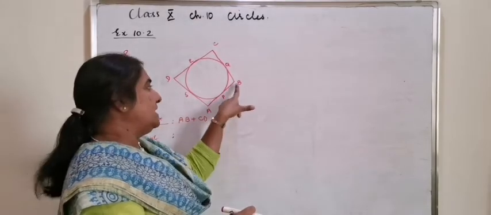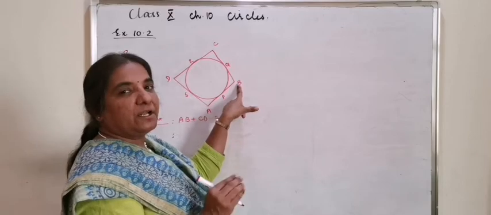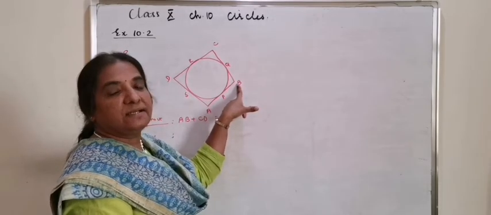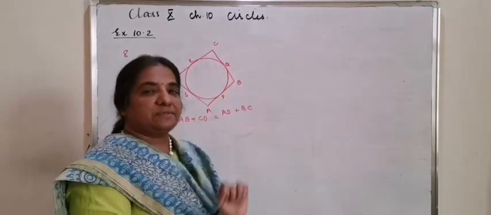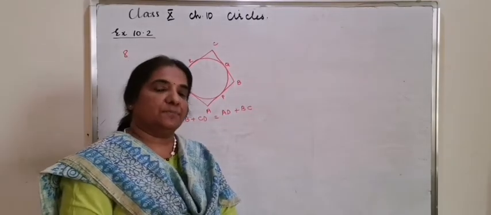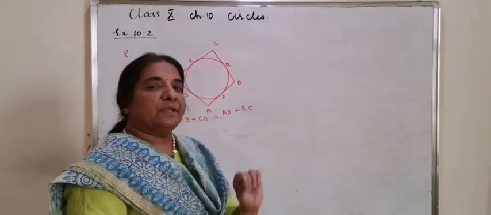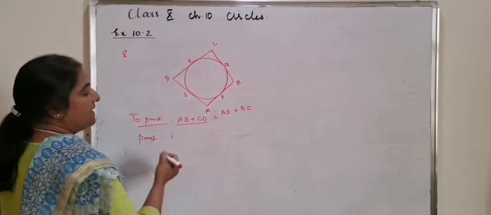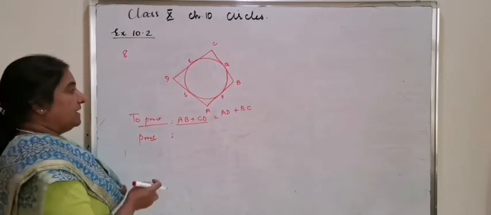Similarly, with each vertex, there are 2 tangents, and those tangents are equal as per the theorem. The lengths of tangent segments from an external point are equal. Let's see how to prove this, starting with AB plus CD.